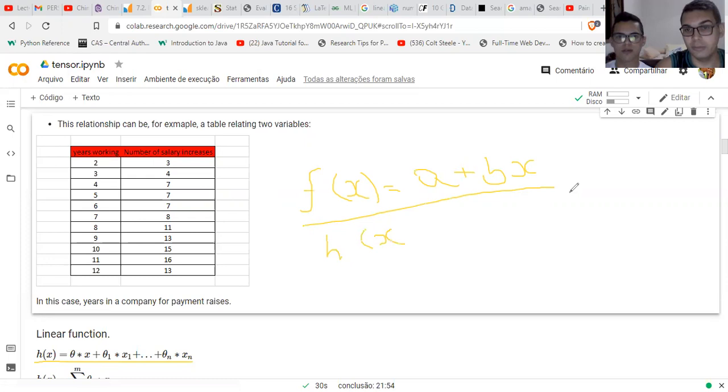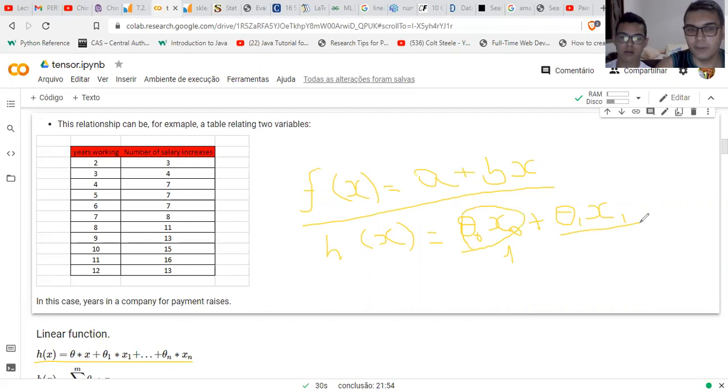And here is also a line: theta 0 multiplied by x0, and theta 1 multiplied by x1. In this case, x0 is a dummy input that is always 1, so it's not really important.